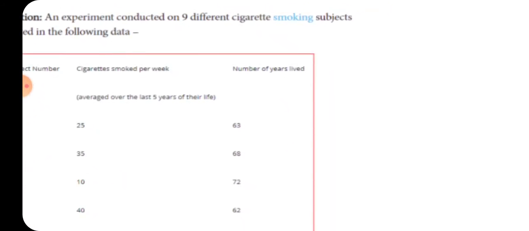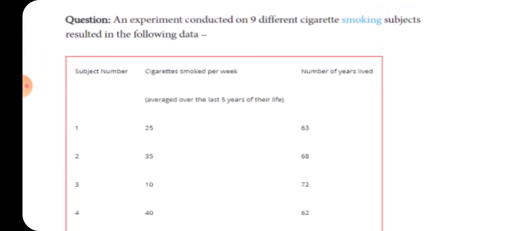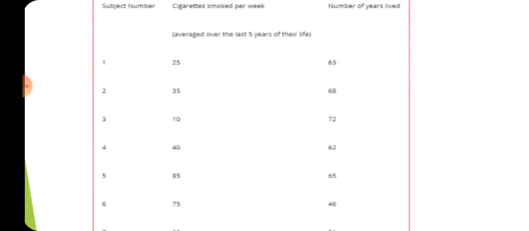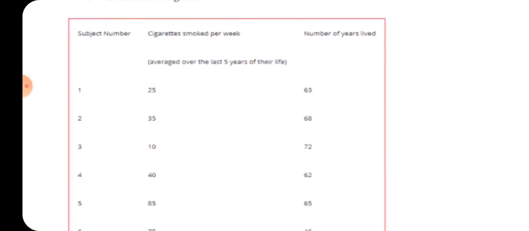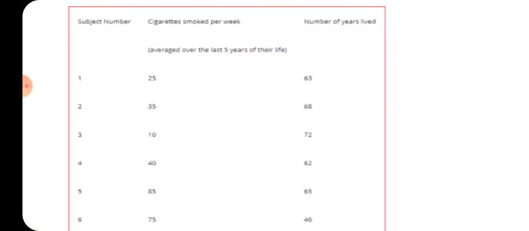An experiment conducted on 9 different cigarette smoking subjects resulted in the following data. The second column you take as x, then number of years lived, and those who are smokers, 25 years 63 years, like that, 35 years 68.